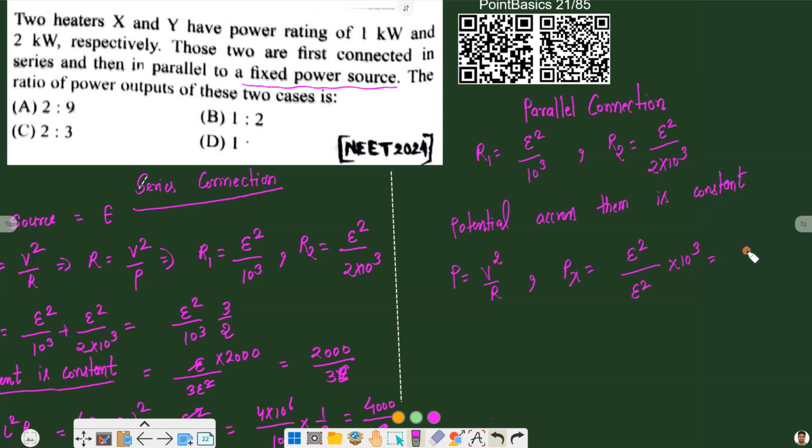So this will give us 1000, and Py will give us E square divided by E square into 2 into 10 raised to power 3, so we will get 2000. So the total power will be Px plus Py, the sum of these two values, 1000 plus 2000, that is 3000. Now we have to find out their ratios.